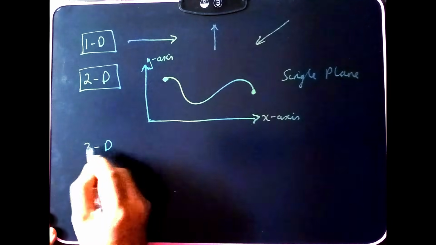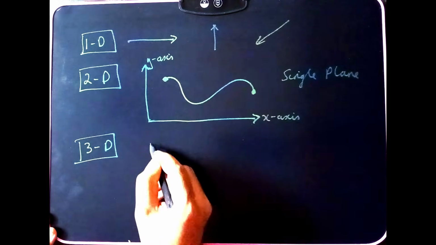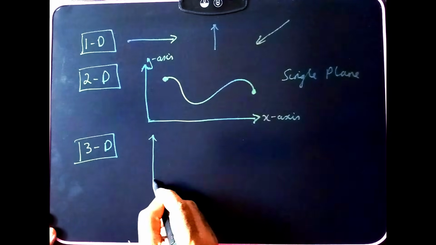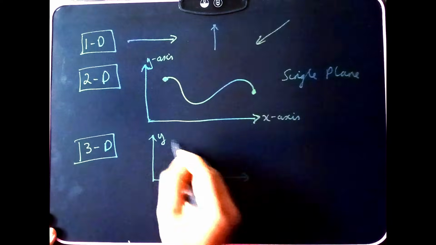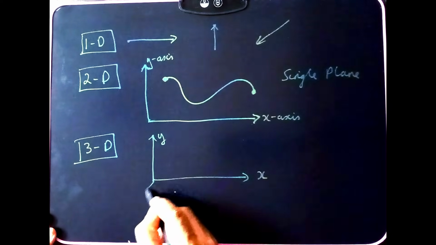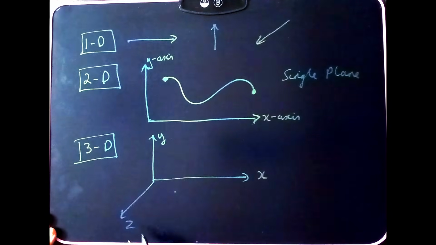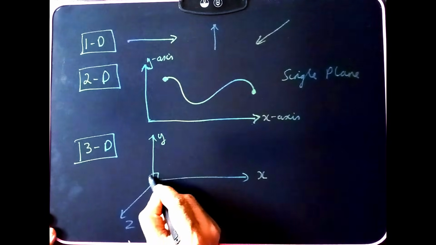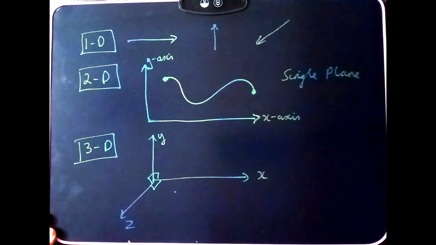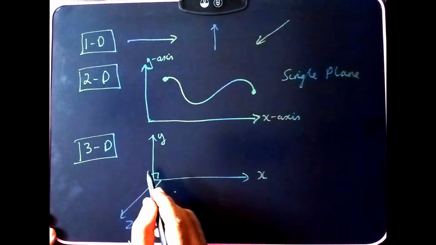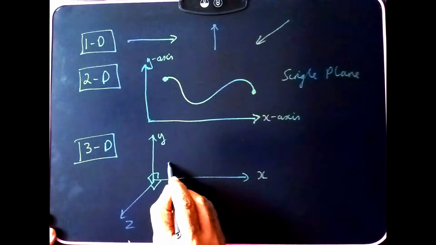Now, what about three-dimensional? In three-dimensional motion, we'll have three axes: the y, the x, and the z. These three axes are all mutually perpendicular to each other. So the motion of the particle will be somewhere in the air.